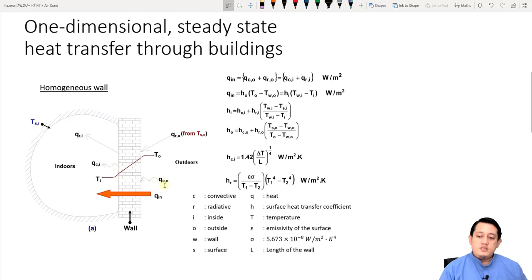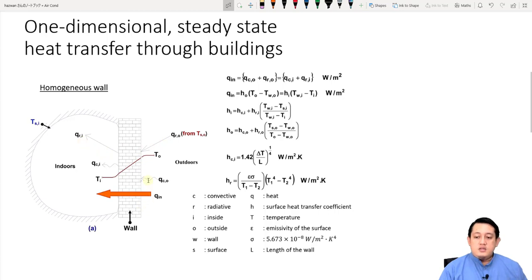The convective heat goes from the outside to the inside, and we also have radiative heat from the outside to the inside.